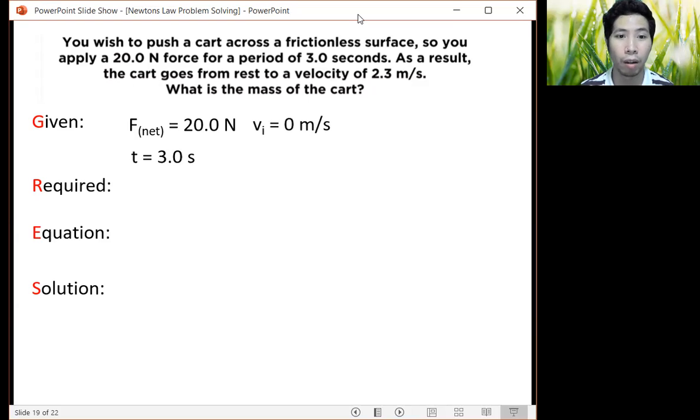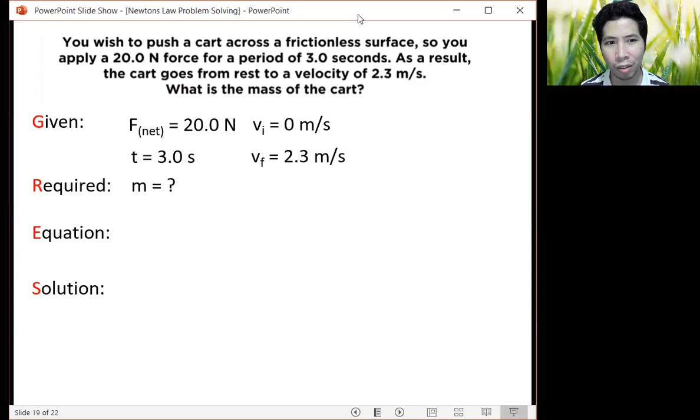So we could say the initial velocity of the object is 0 meters per second. Next, it goes to a velocity of 2.3 meters per second. So that would be the final velocity of the object when it already moved. And lastly, it is asking us for the mass of the cart.